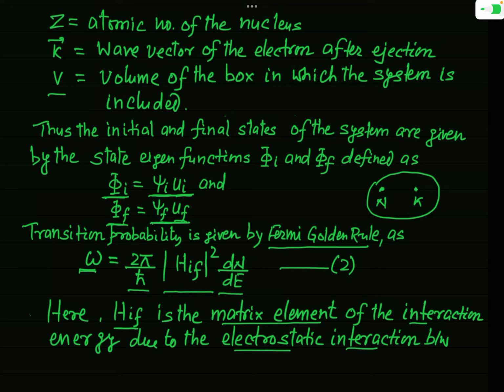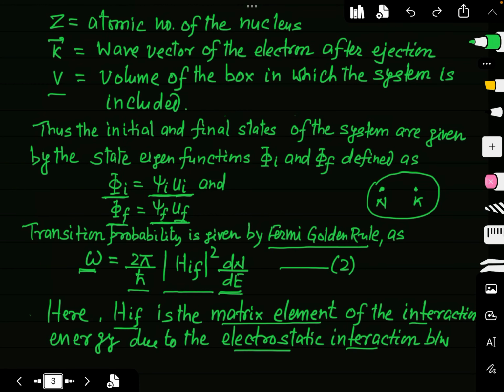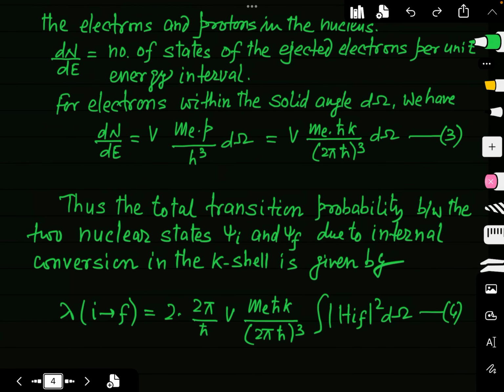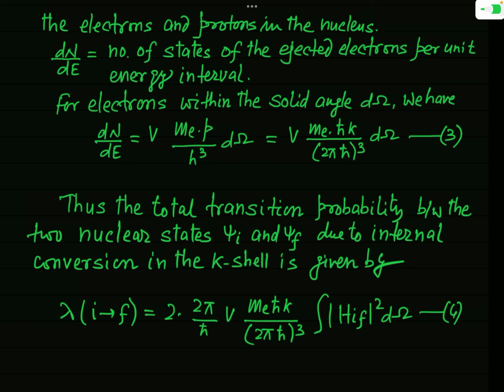And this dn by dE represents the number of quantum states of the ejected electron per unit energy range. You can see that this dn by dE is the number of states of the ejected electrons per unit energy interval.